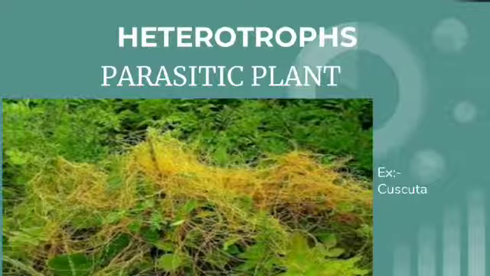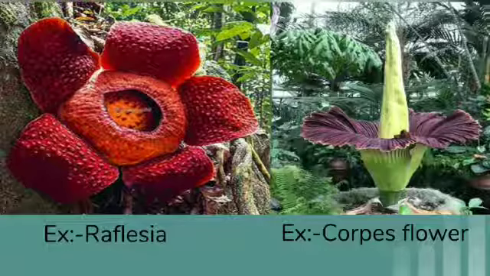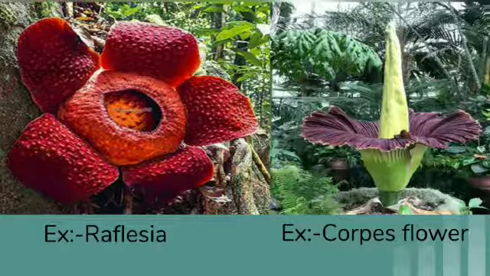The plant over which it grows and obtains nutrients is called the host. Such mode of nutrition in which an organism obtains nutrients from another organism is called parasitic nutrition. Other examples for parasitic plants are Rafflesia and Corpus flora.